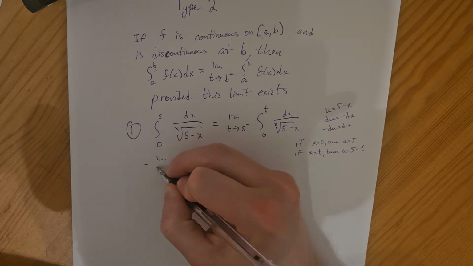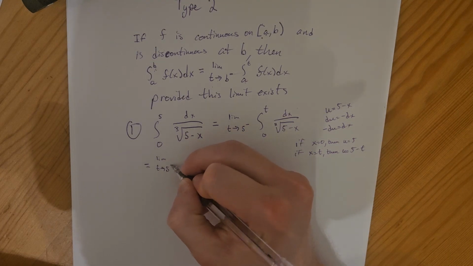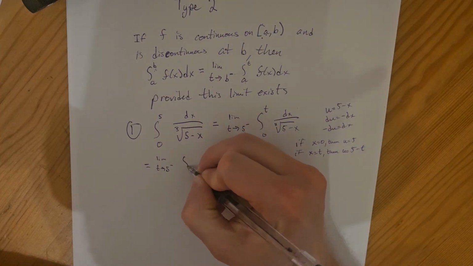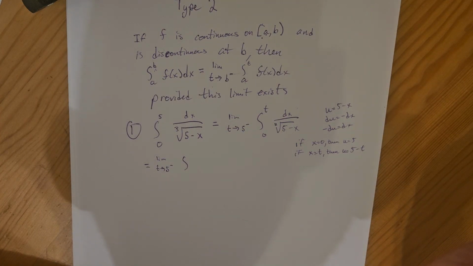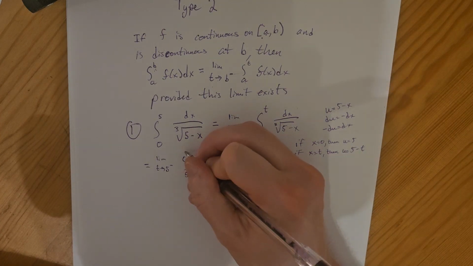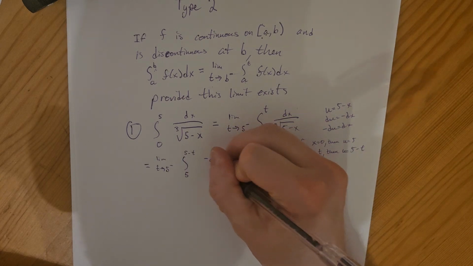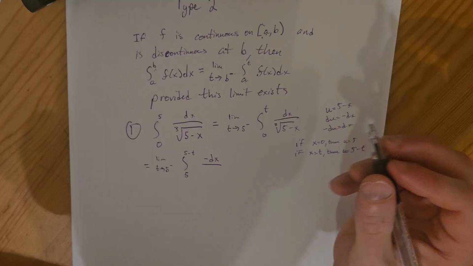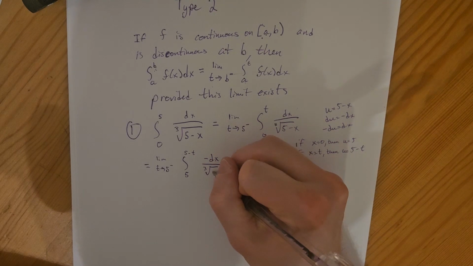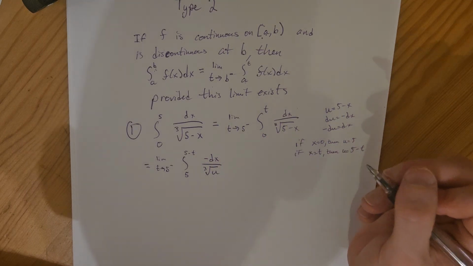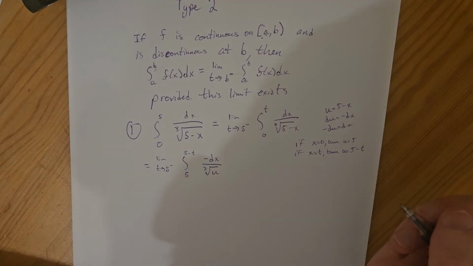All right. And from there, we can replace everything. This is the limit as t approaches 5 on the left, integral from 5 to 5 minus t, negative du all over the cube root of u, or in other words, u to the negative 1/3.